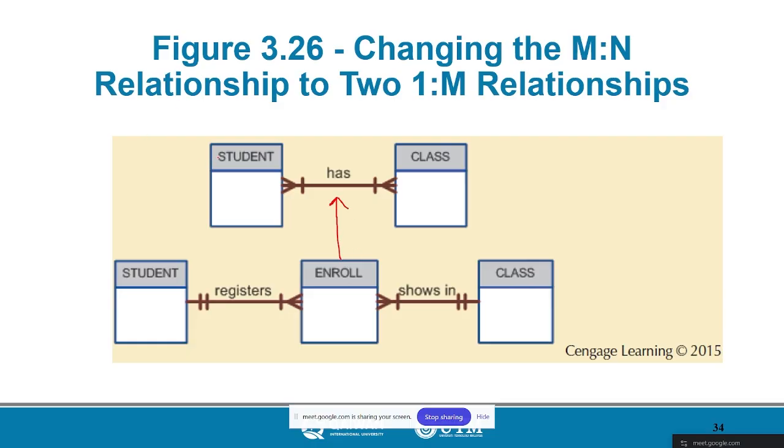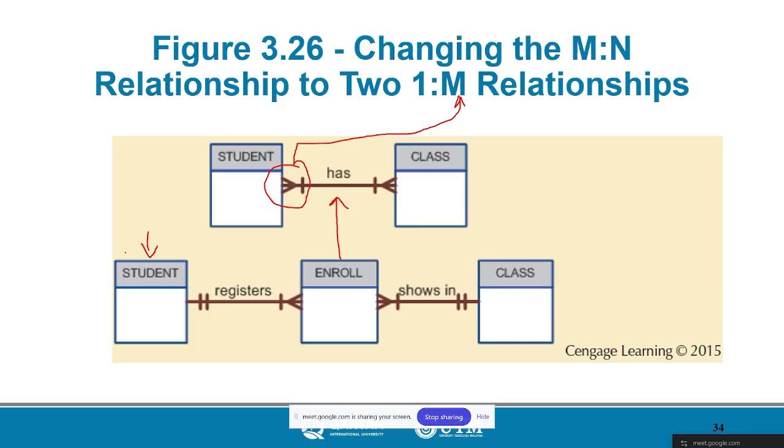Instead of saying many students have many classes, this is the sign for many, or the M. We say that one student, now you see the relationship changed. We gave this many to the enroll, on both sides, and the other side would be one.